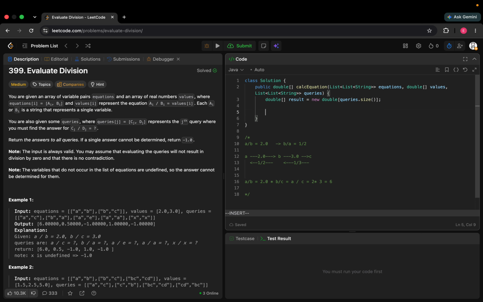And also for the equations, we need to use a map to store the graph. A string here, and the string we find here means B, and the double here is the value.